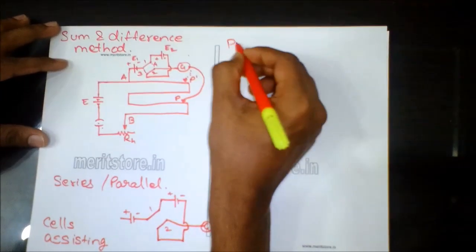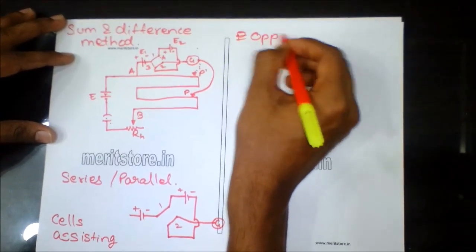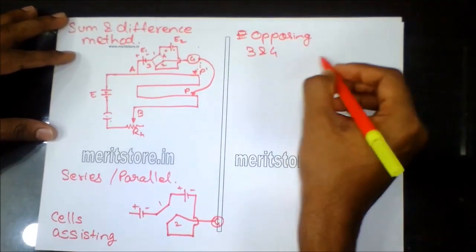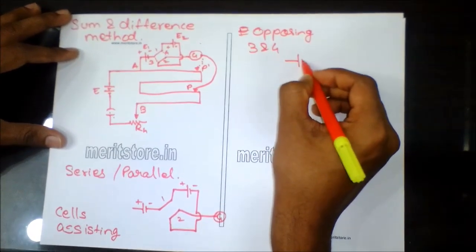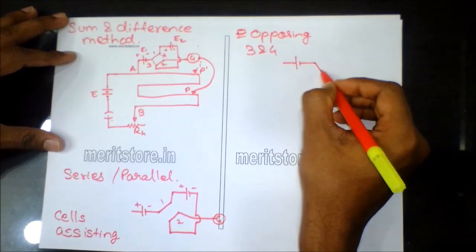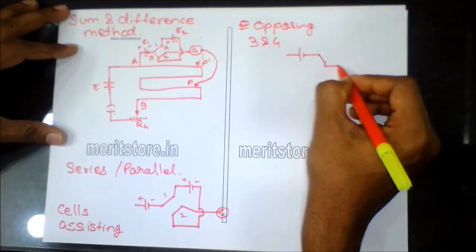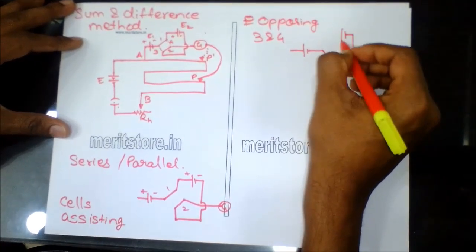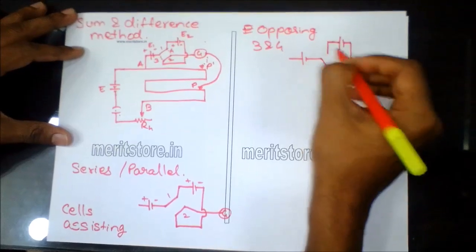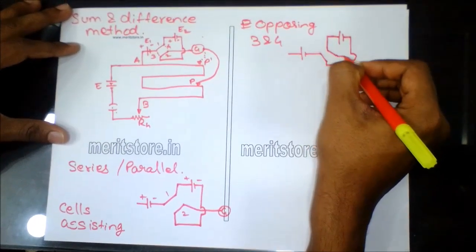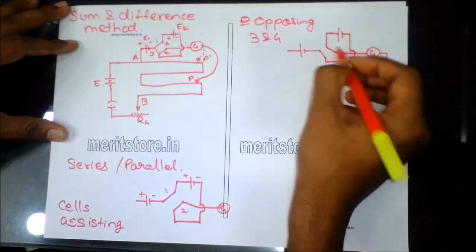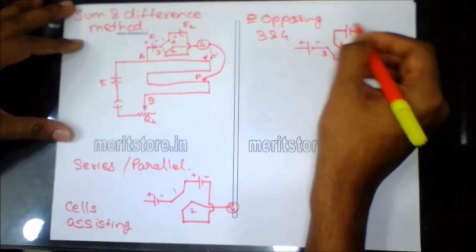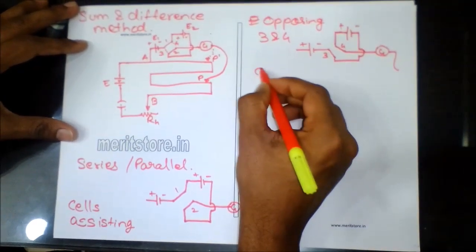For the parallel or opposing arrangement, the arms 3 and 4 are connected. In this connection, the order is positive, negative, negative, positive. This is known as opposing arrangement.